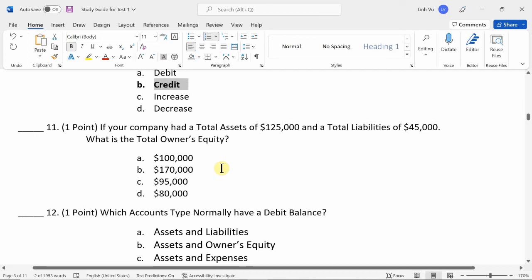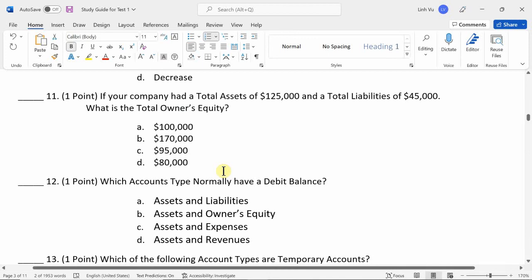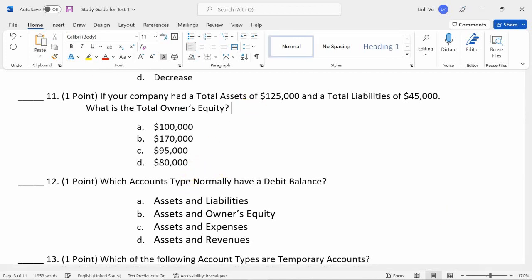Your company had total assets of $125,000 and total liabilities of $45,000. What is the total owner's equity? Would it be D, $80,000? Yes, because in this case, what's the accounting equation?